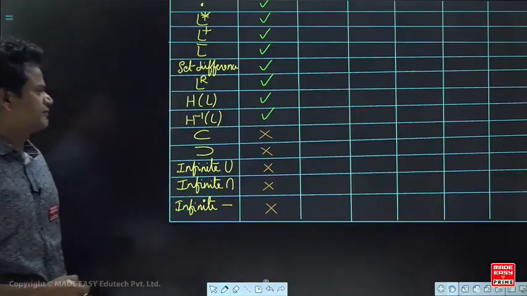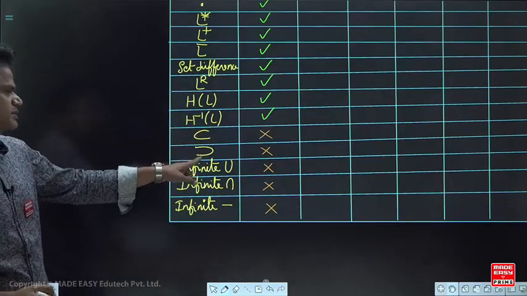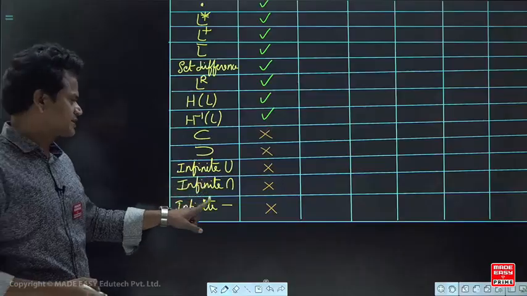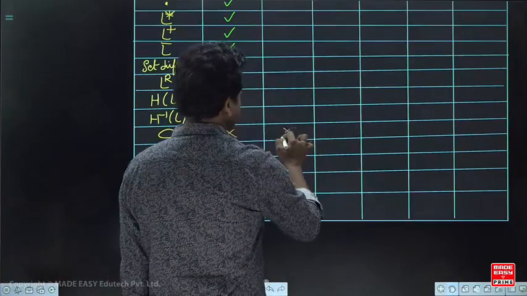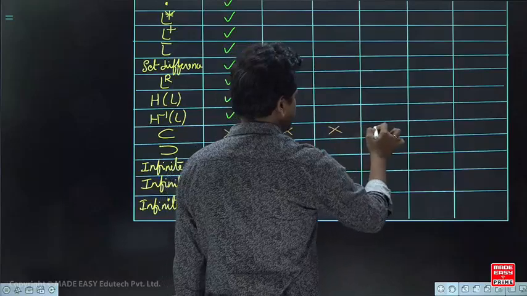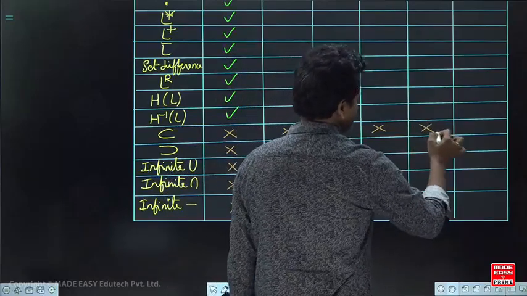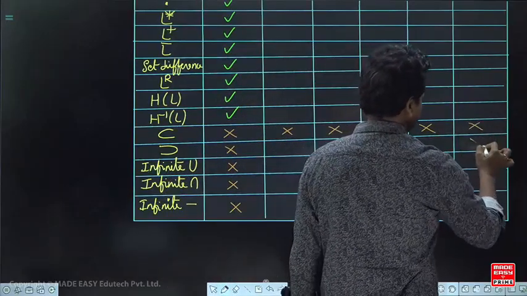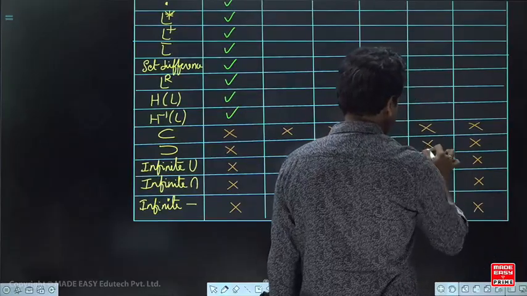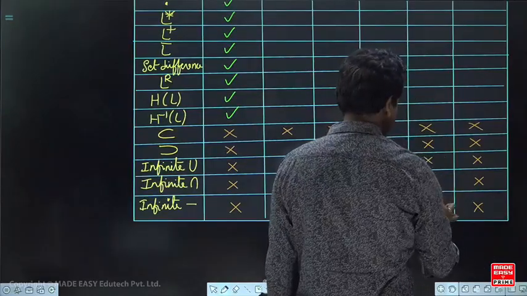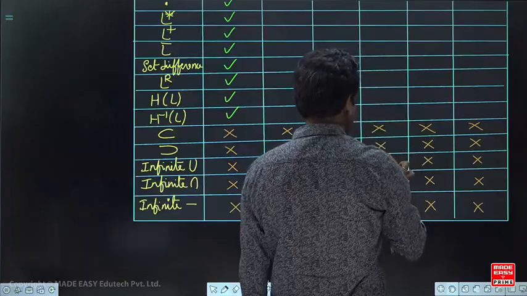Okay, no language is closed under subset, superset, infinite union, infinite intersection, infinite subtraction. So I can mark this as not closed in all these languages, because no language is closed under these. No language is closed.